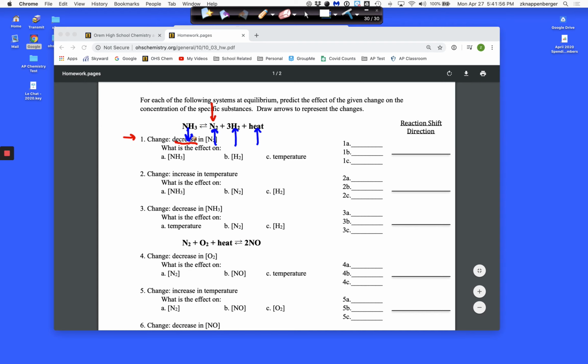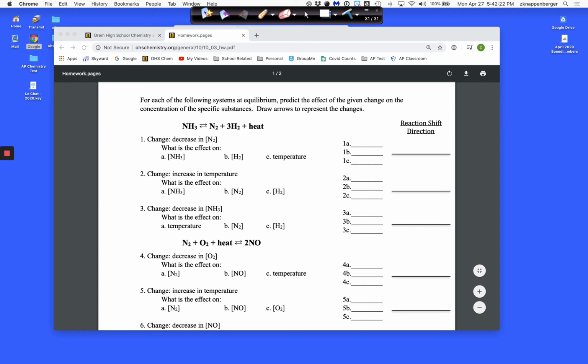So then transferring that over here to these answers, letter A, NH3 goes down, letter B, H2 goes up, and then letter C, temperature goes up. Now the question is, what direction does the equilibrium shift? The things on the right went up, so that would be a shift to the right.